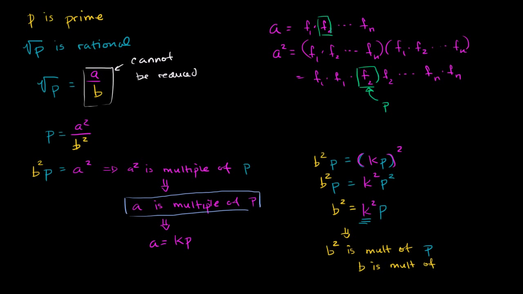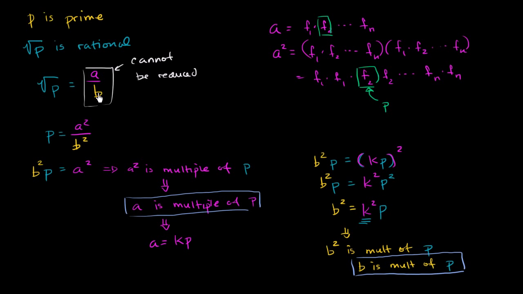We assumed at the beginning that a and b are co-prime, that they share no factors in common other than 1. We assumed that this cannot be reduced. But we've just deduced that a is a multiple of p and b is a multiple of p, which means that this fraction can be reduced. We can divide the numerator and the denominator by p.